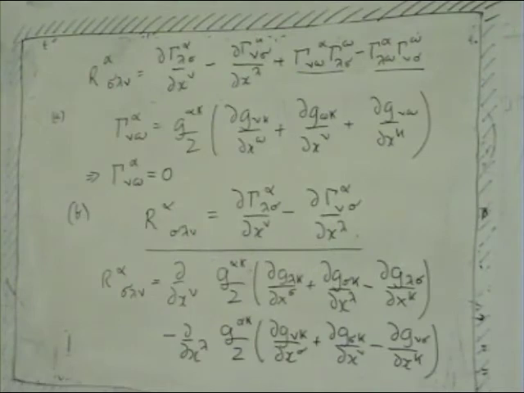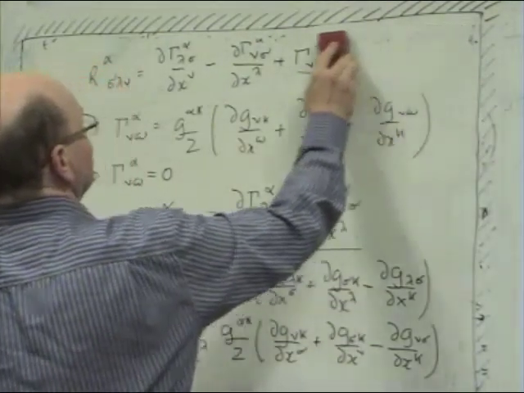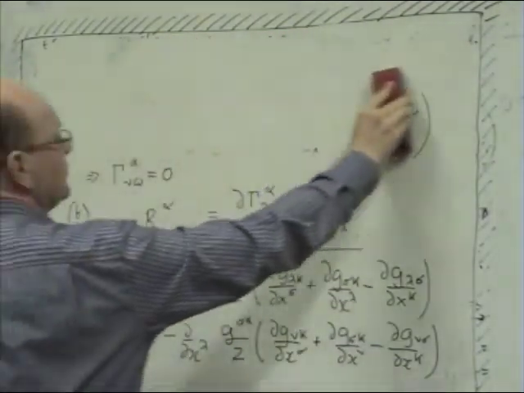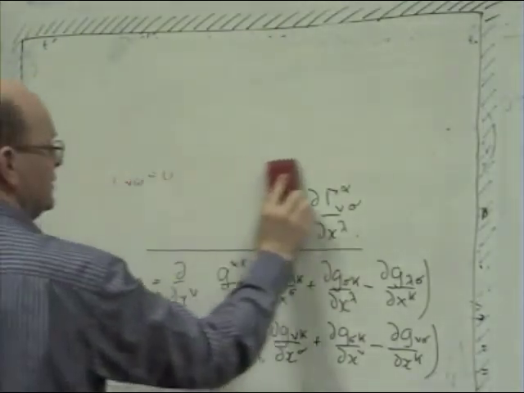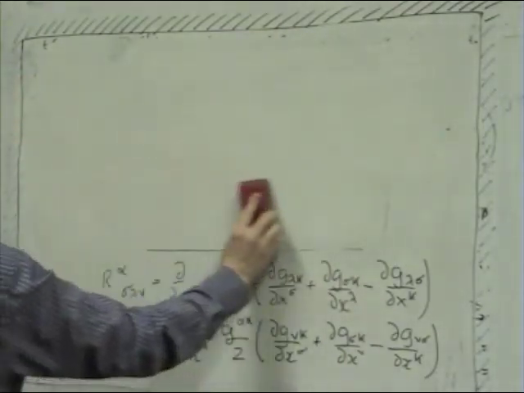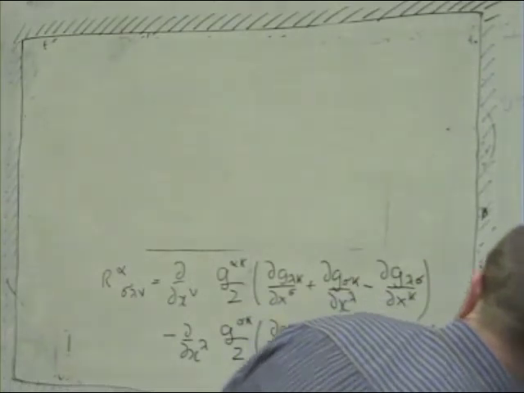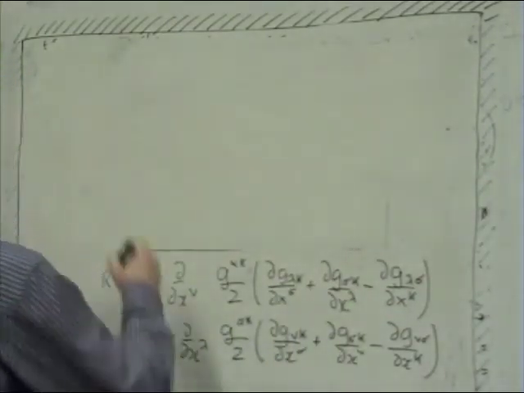So let's remain calm, erase this stuff, because we've already gone through all this, and then just do what we said. First, factor out the upper g alpha kappa over 2.